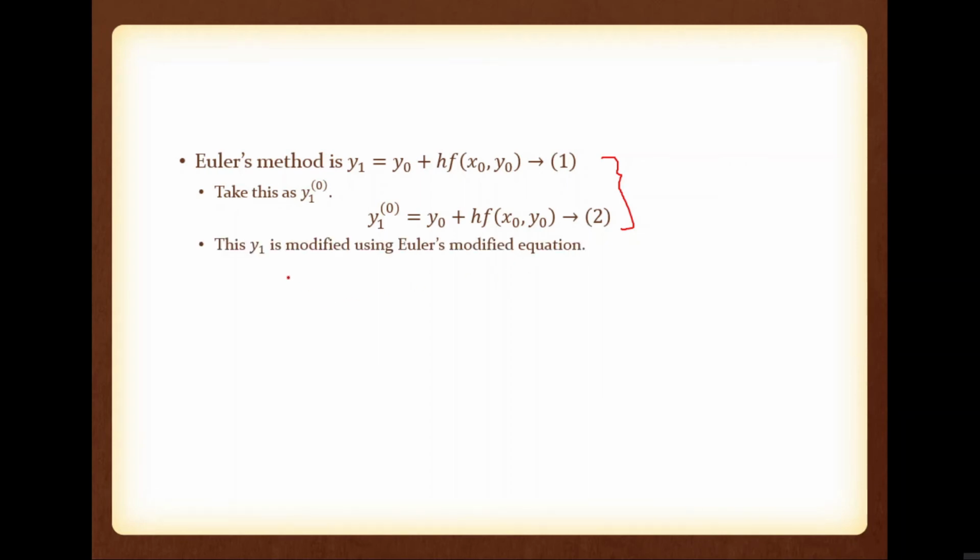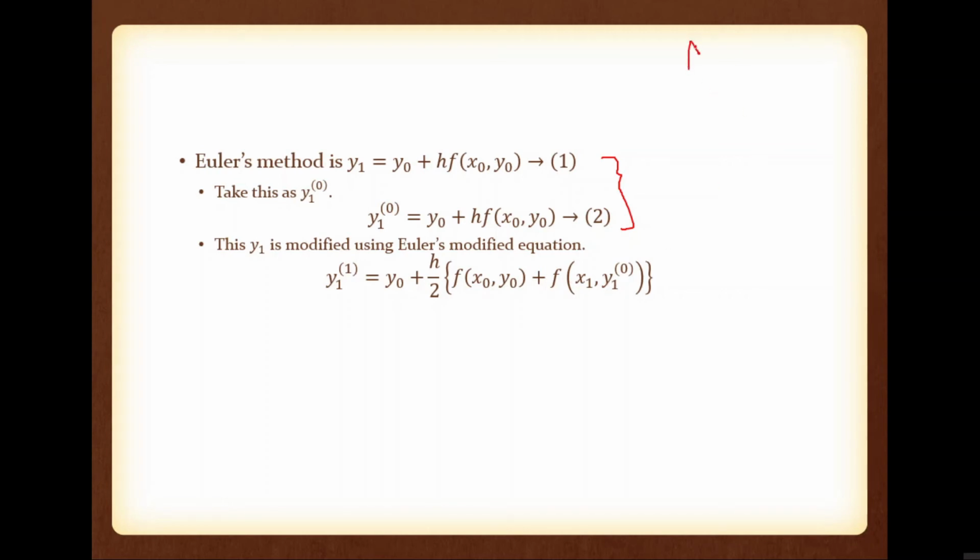Now we can modify y1 using Euler's modified equation, where we are going to modify y1 for the first time. So y1 of 1 equals y0 plus h by 2 into f of x0 comma y0 plus f of x1 comma y1 of 0.